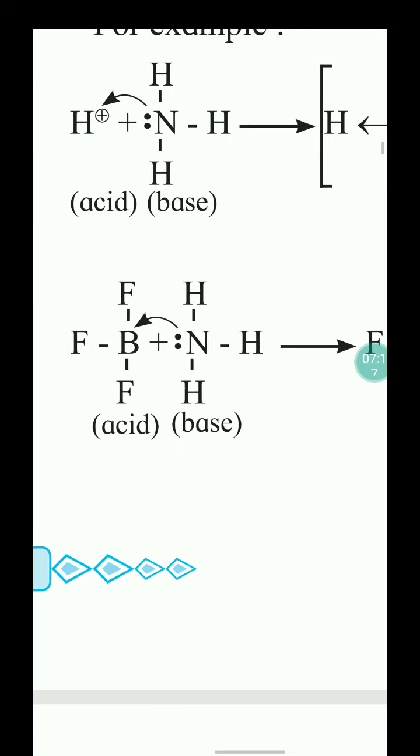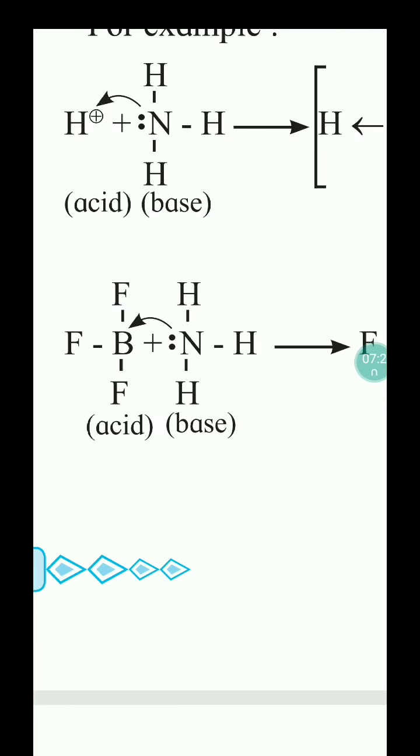and ammonia. Here boron trifluoride is a neutral molecule, but the last shell of boron contains 6 electrons. In order to complete its octet, it accepts the lone pair of electrons from nitrogen, and therefore it acts as an acid.